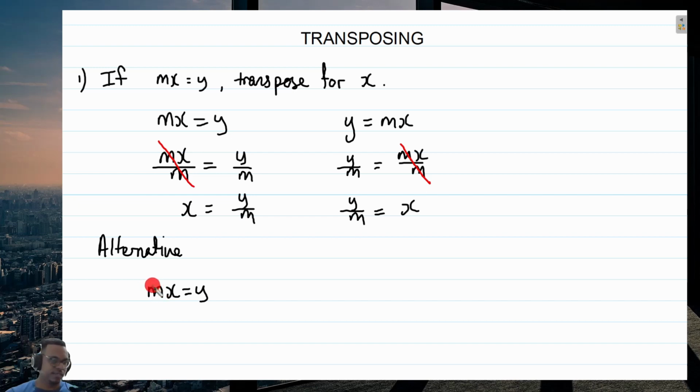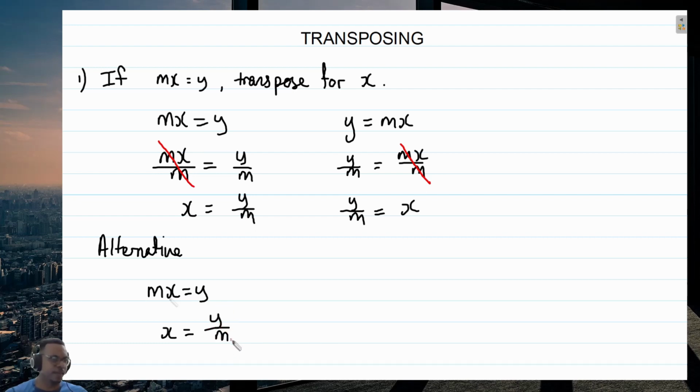So if we take the m and bring it across the equal sign on this side, on the right-hand side, that operation will change from multiplication to division, and therefore the m will go underneath the y. So what you will get is x is equal to y over m. The m went underneath the y.